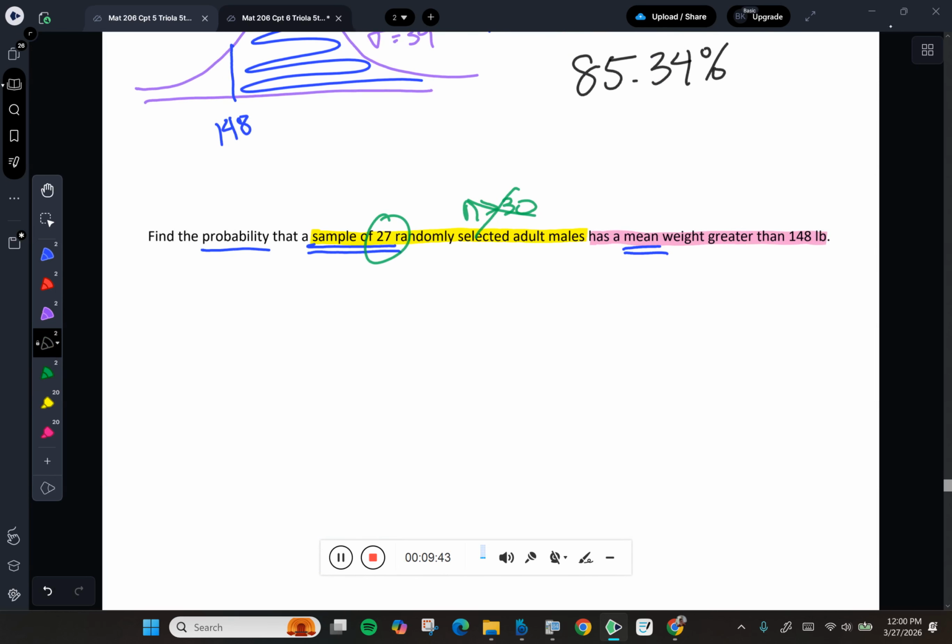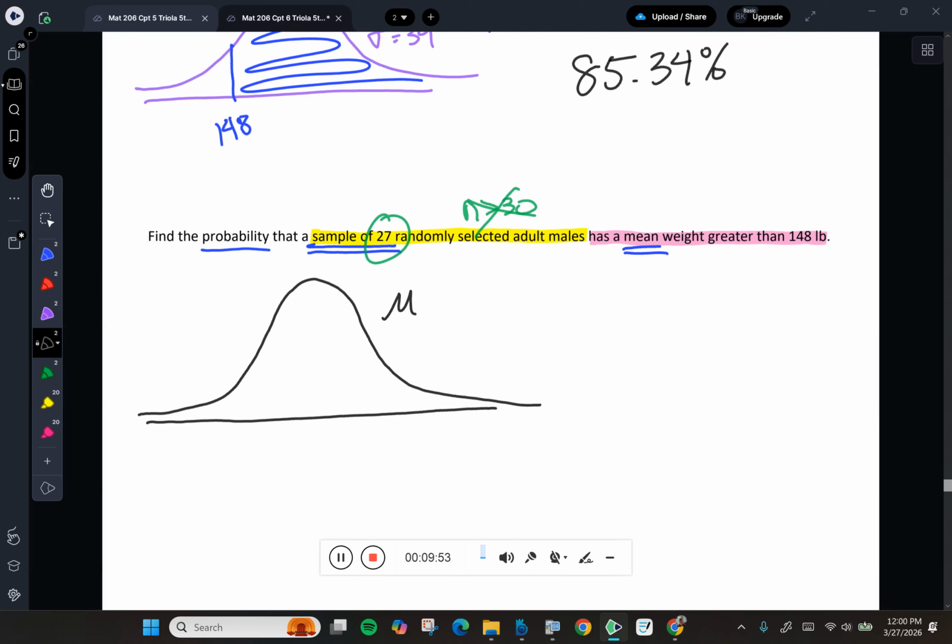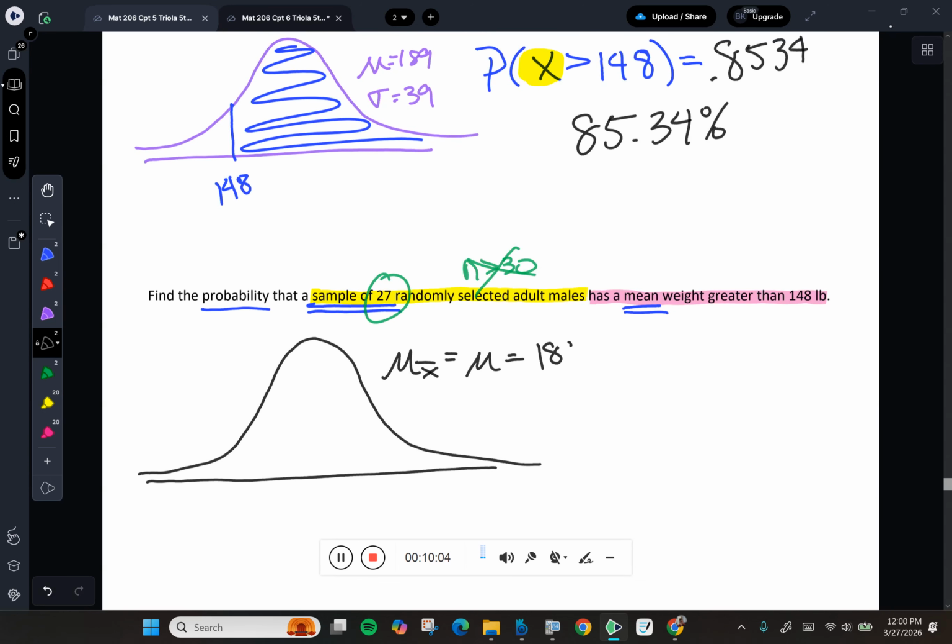So then we're going to find that probability. Now the central limit theorem tells me that the distribution of our sample means is going to be normally distributed, and the mean of the sample means will be the same as the mean of the population at 189.